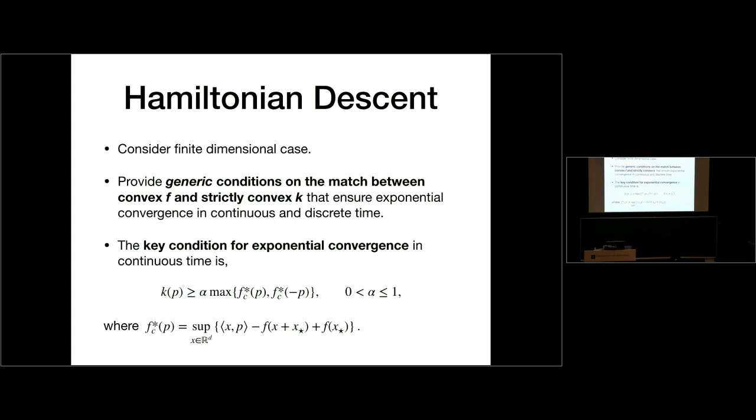So requiring that k was exactly the convex conjugate would be ill-advised and not very useful. We show that the only thing you need is that it upper bounds some constant times the maximum of this conjugate at p and at minus p. In particular, if you can lower bound the centered version of the function by a symmetric function whose conjugate you can compute, you're able to satisfy this.